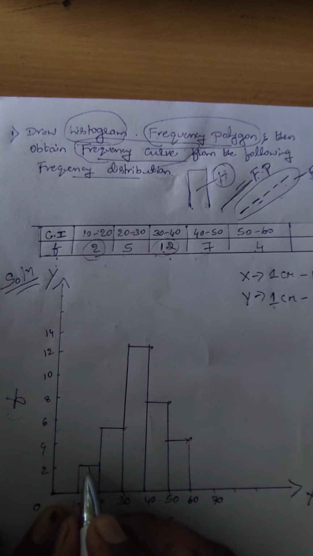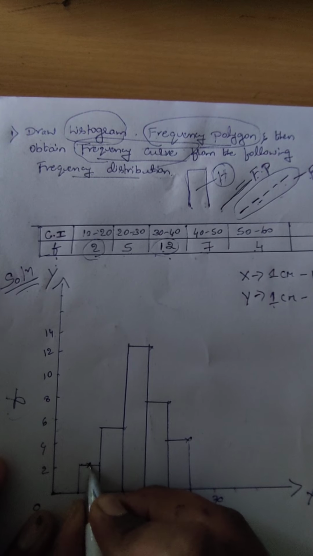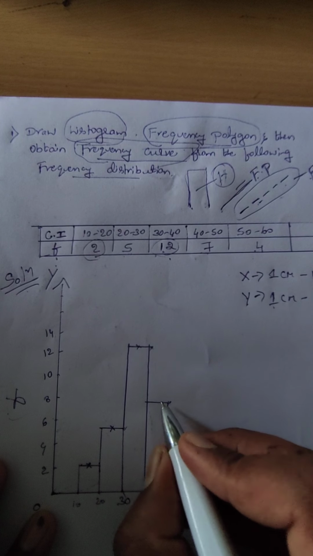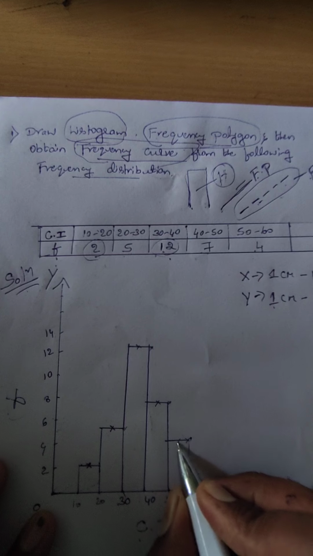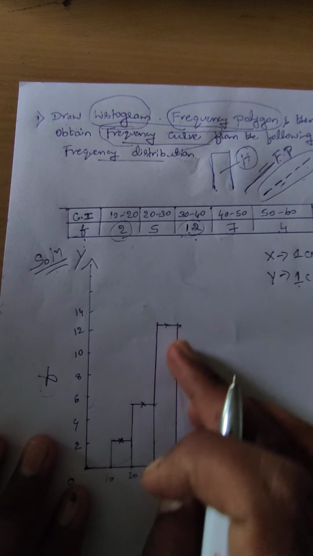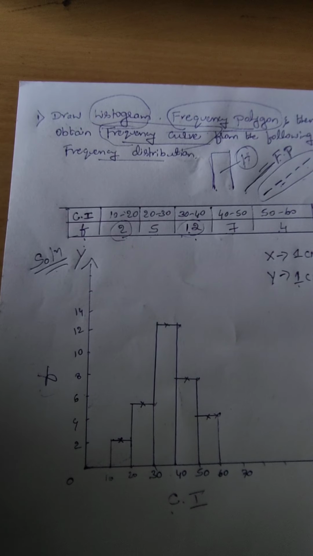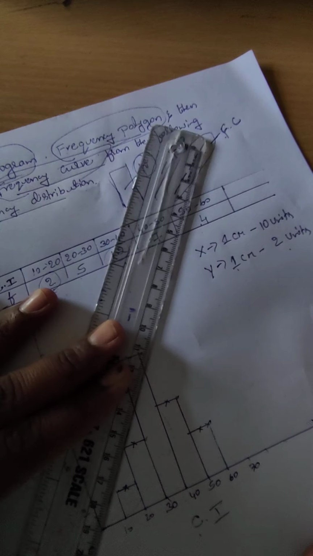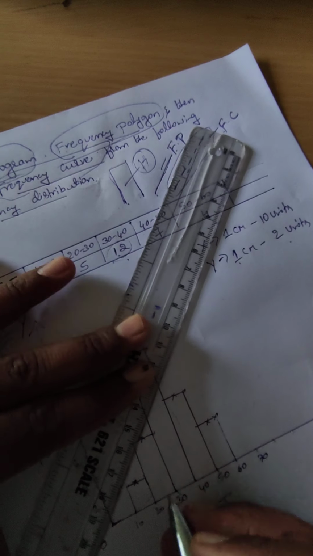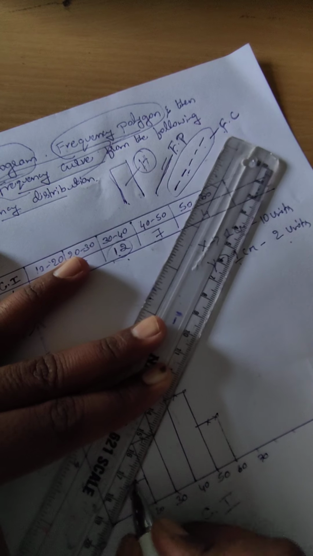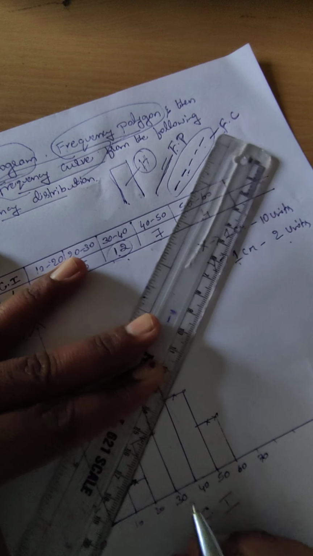We have to identify the midpoints of all the class intervals, the middle of the values. Next, we connect them.